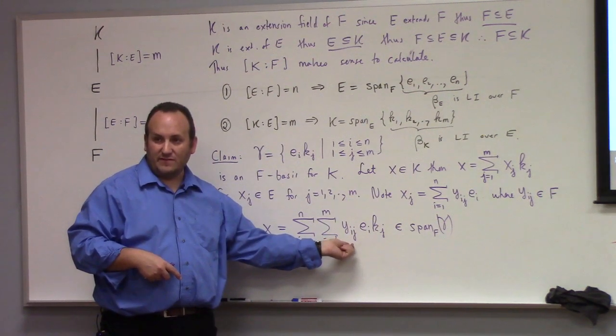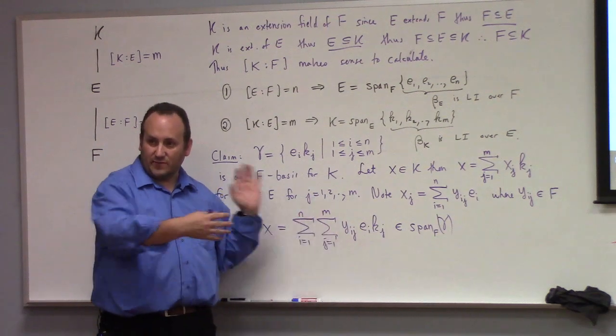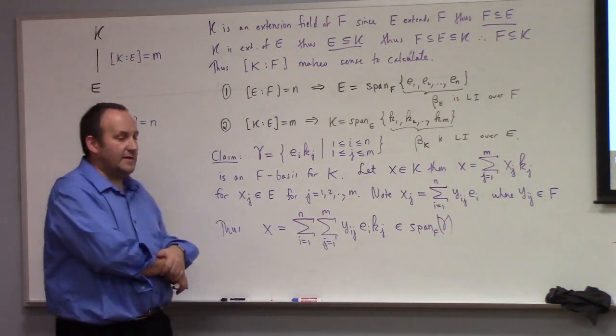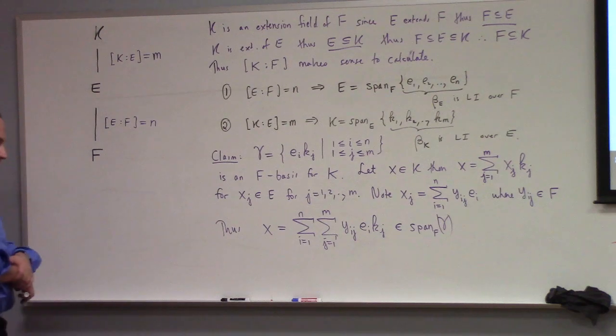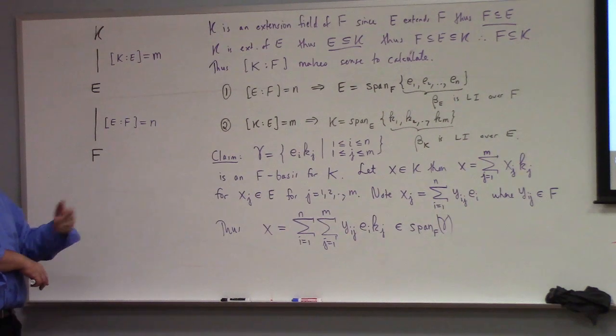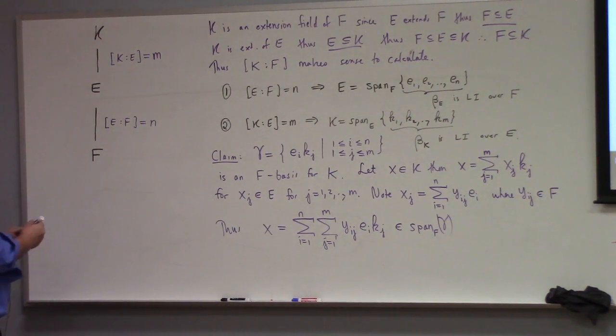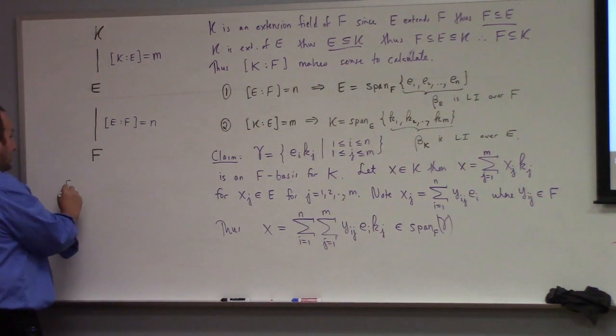So it's a combination of linear independence of each basis, one after the other, and that gives us, of course, linear independence of gamma, which proves that gamma is a basis. How many things are in gamma? Counting, right? mn. So there you go.